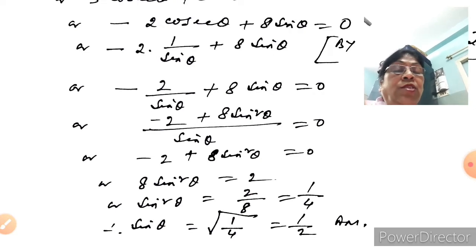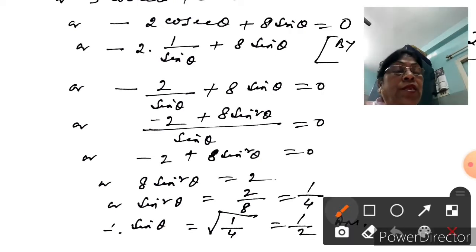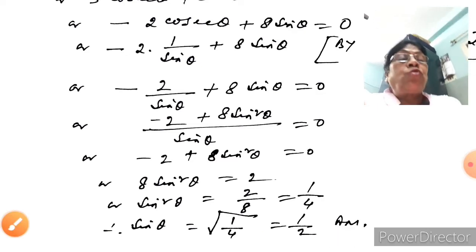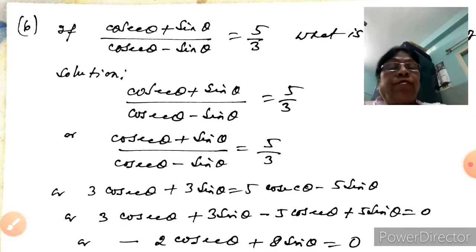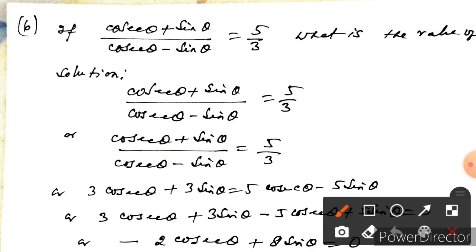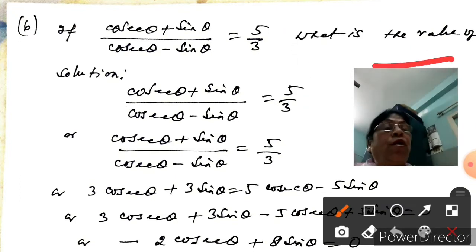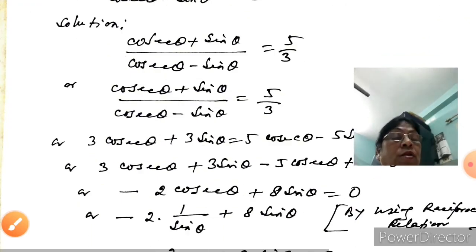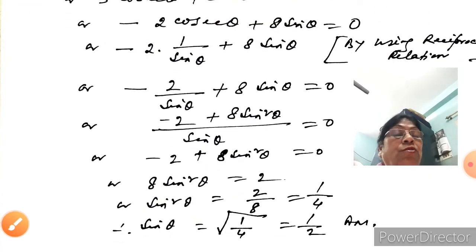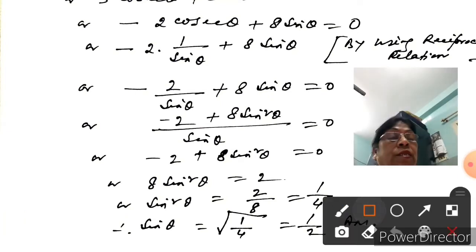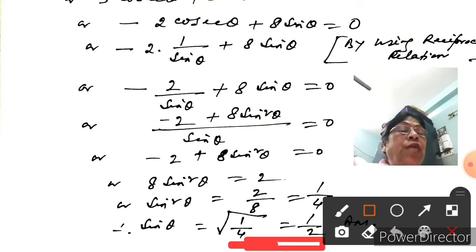Therefore sin θ = √(1/4), and the answer is half. We were asked to find the value of sin θ, and we got sin θ = 1/2. This is the answer.